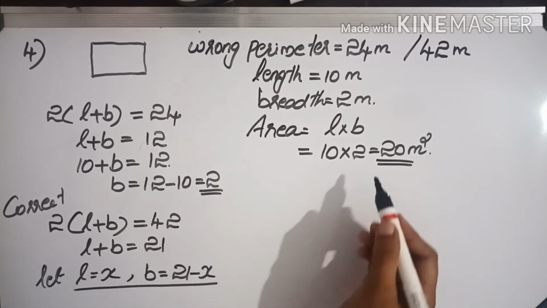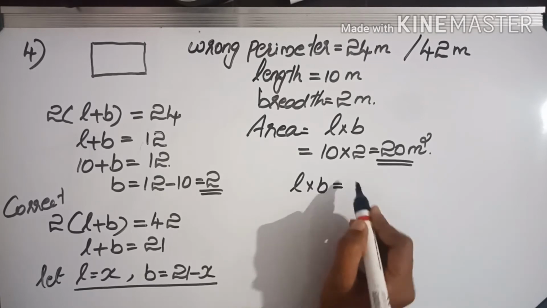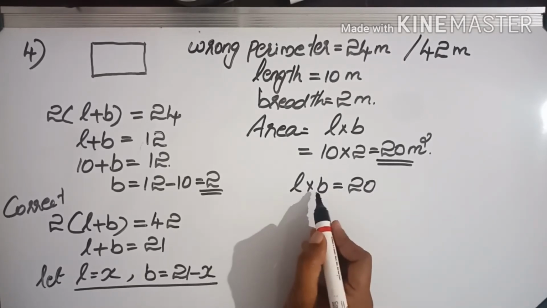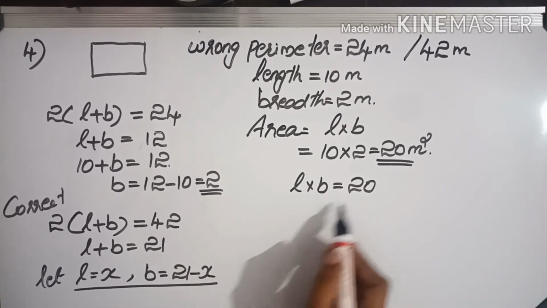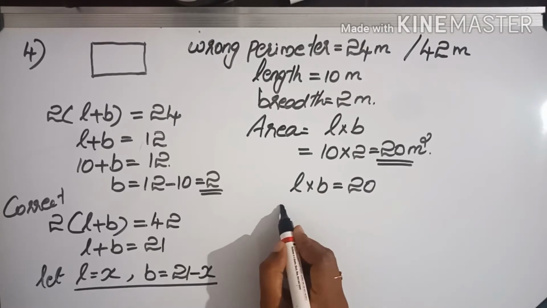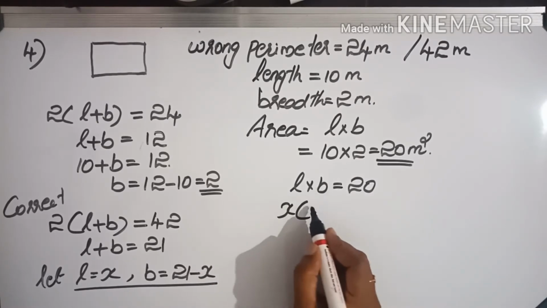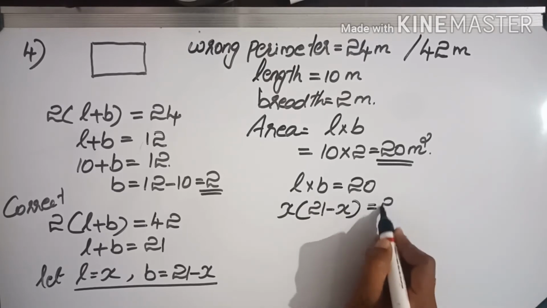Now we have area is 20, that is length into breadth equal to 20. Now in this equation we can substitute length as x and breadth as 21 minus x. So here length x into breadth 21 minus x equal to 20.